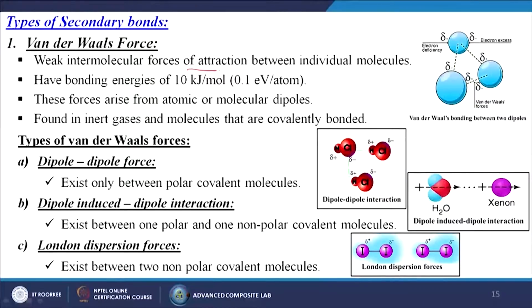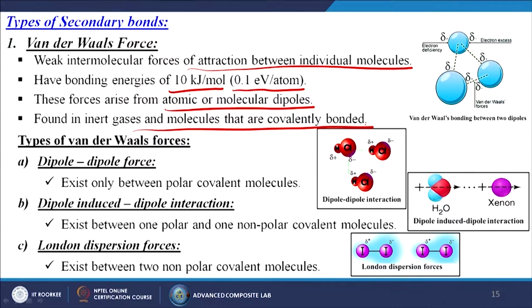It is a very weak, as I already told you, weak intermolecular force of attraction between the individual molecules, with bonding energies of 10 kilojoule per mole, equivalent to 0.1 electron volt per atom. These forces arise from atomic or molecular dipoles found in inert gases and molecules that are covalently bonded.